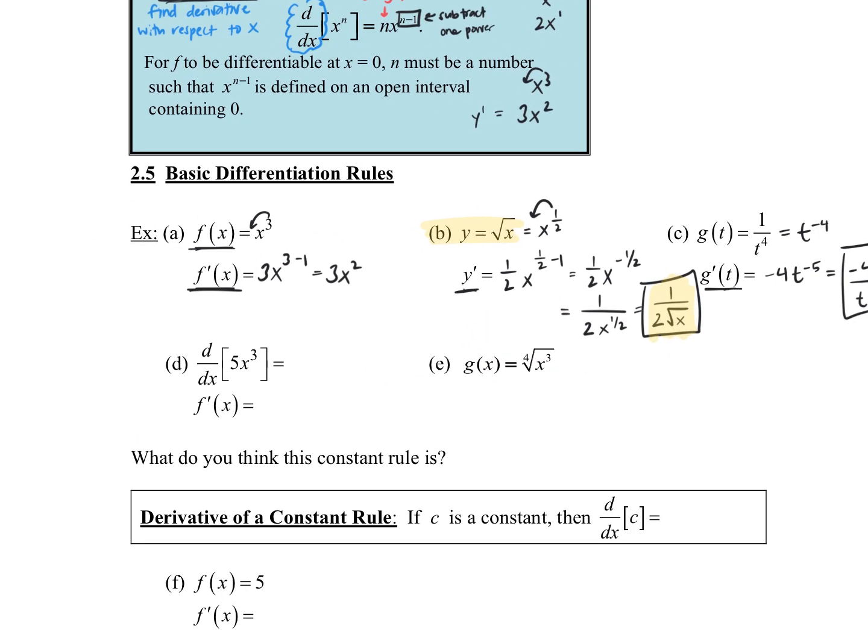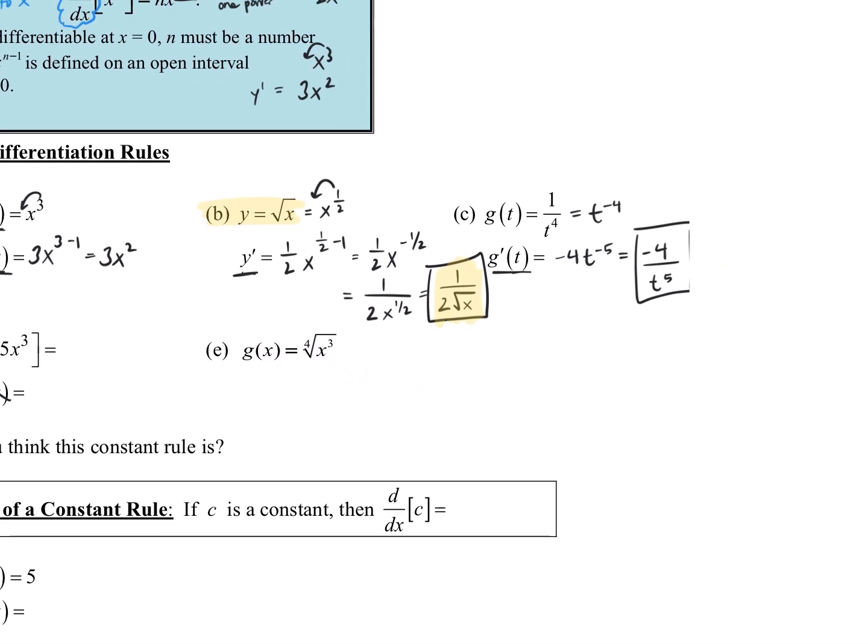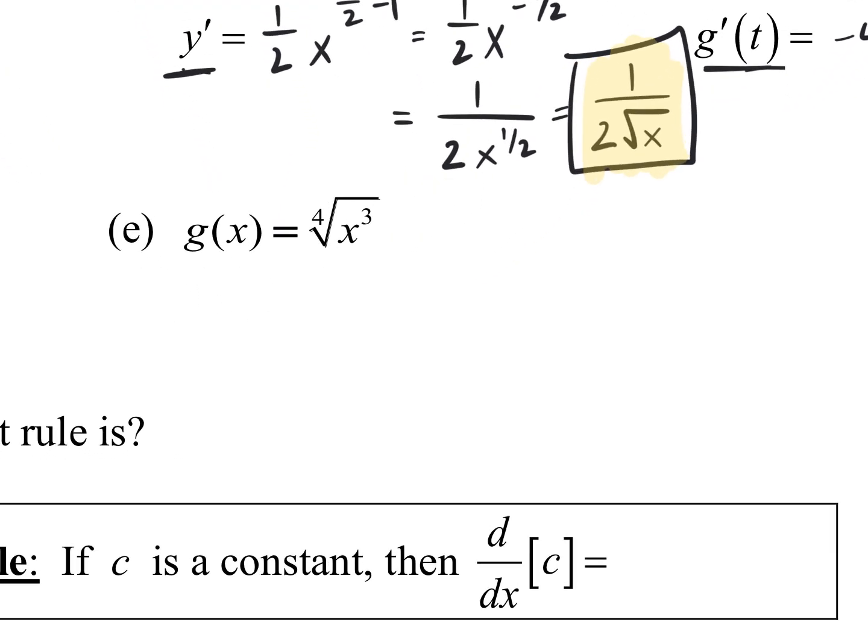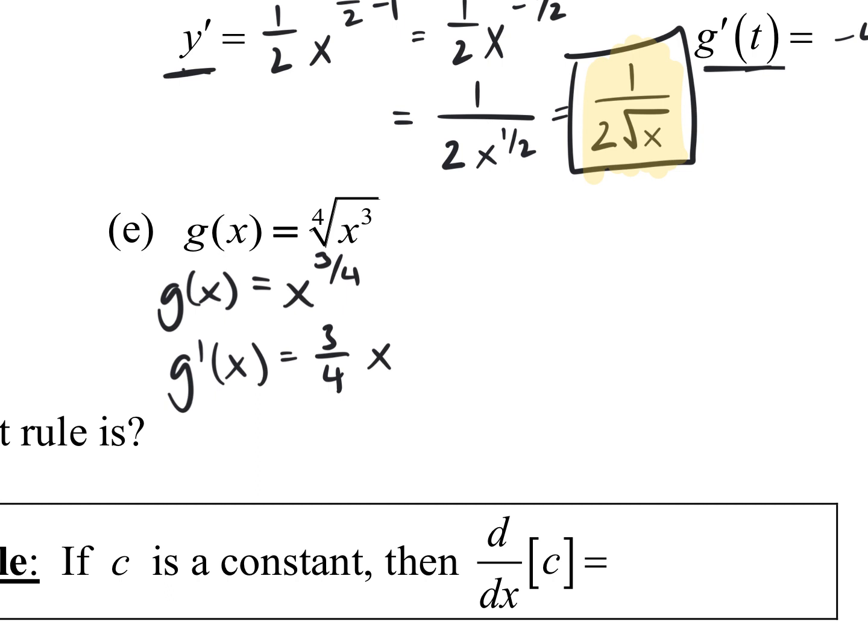We're actually going to skip letter D for right now, and let's look at letter E. If I wanted to rewrite this in terms of a fractional exponent, this would be the same thing as x to the what power? 3/4. Okay, so go ahead and try to find the derivative of this function. All right, I'm bringing down this 3/4, times x to the negative 1/4 power.